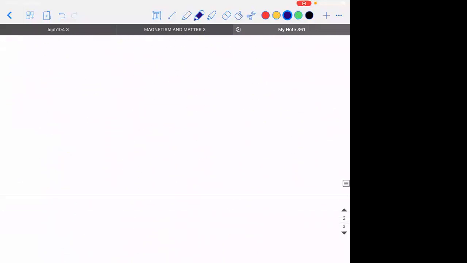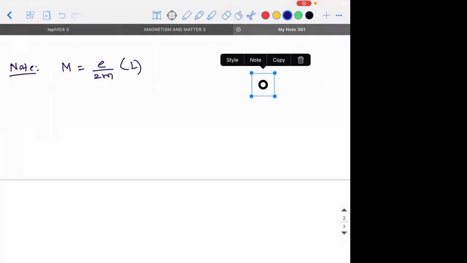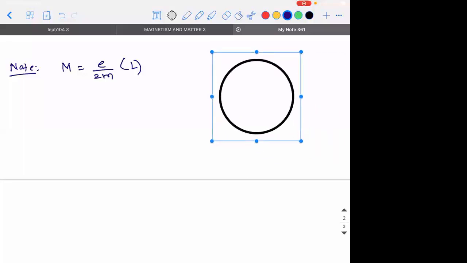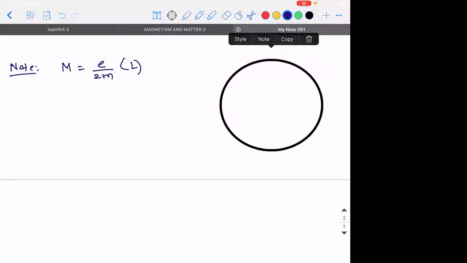Listen to this again. I wrote μ is equal to e divided by 2m into L. Now, if I have an electron revolving in this path with speed v, and let's say the radius is r, and the electron is revolving in this direction, then can I say that the current is in this direction?